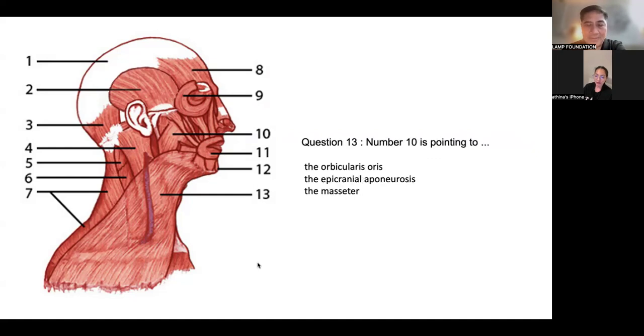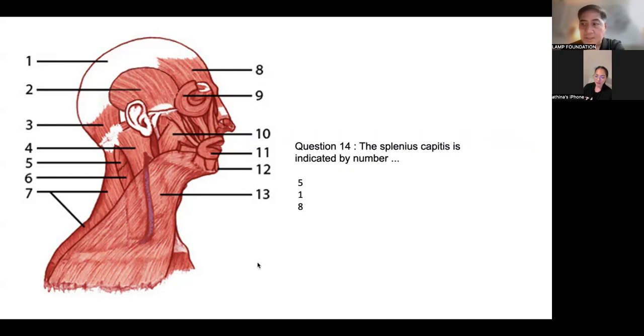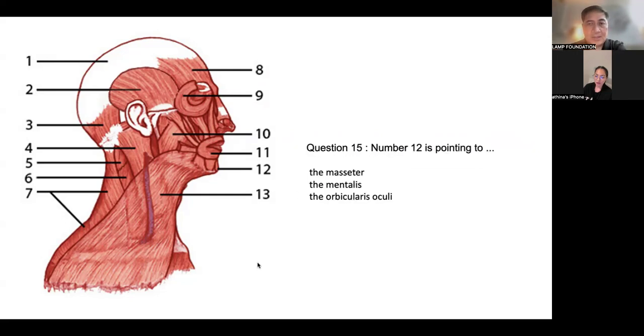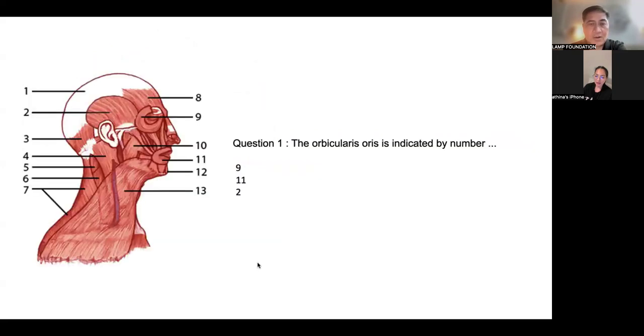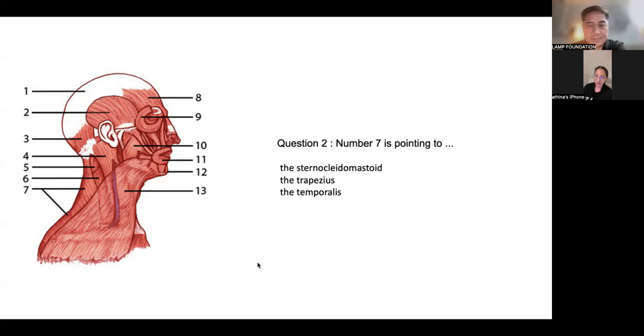Number 10, that's the masseter. The splenius capitis, number 5. Number 12, the mentalis. Orbicularis oris, that is number 11. Number 7, it's trapezius.